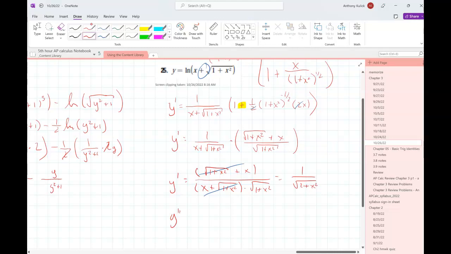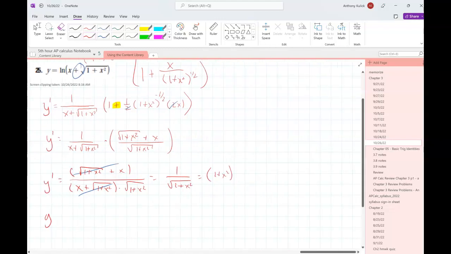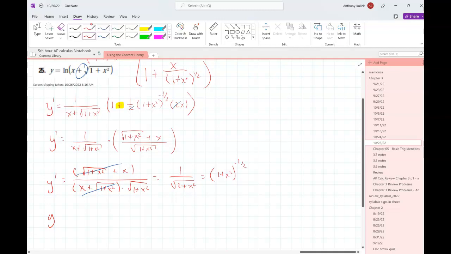Okay. And then Mackenzie, to do the second derivative, I would just think about this as that. So it's just a simple chain rule, times the inside.